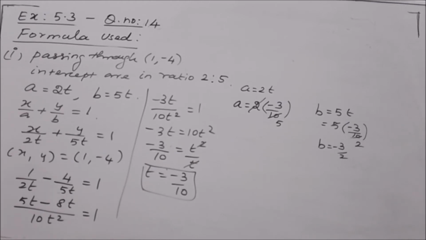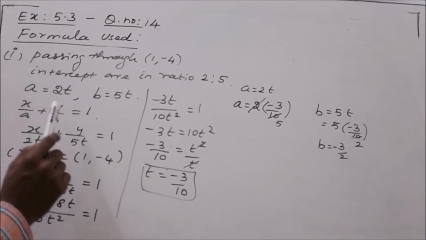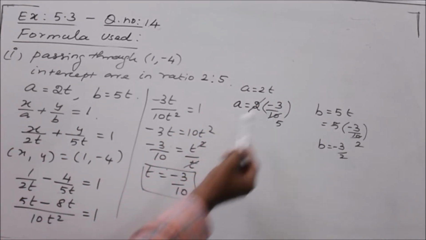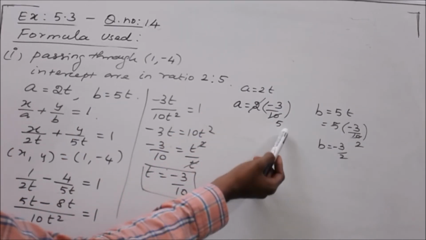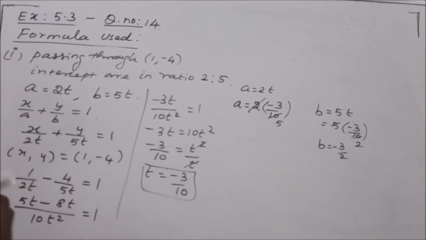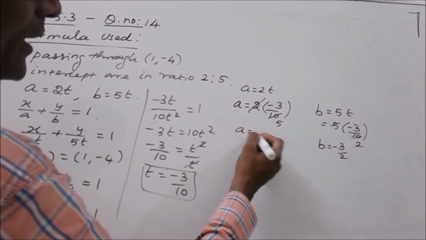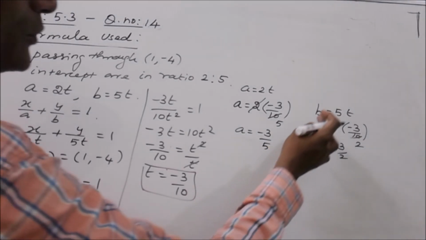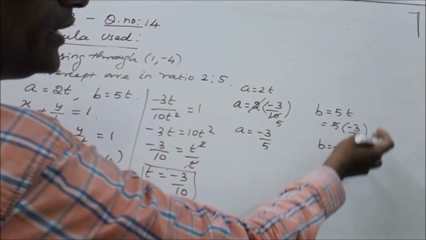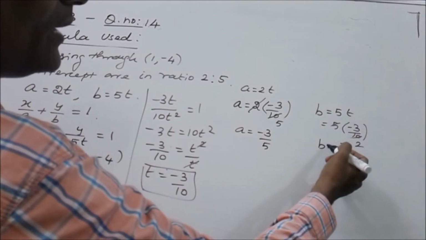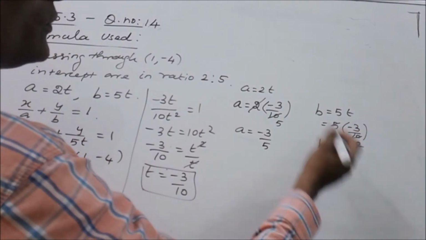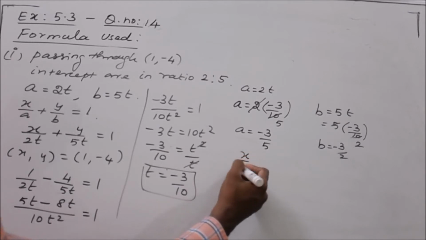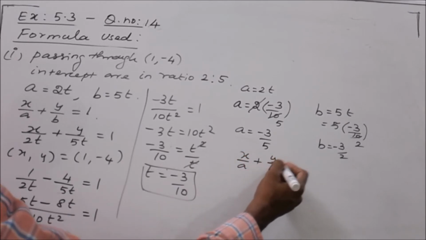Now substitute the value of t in a and b. a equal to 2t, so 2 into minus 3 by 10, cancelling, minus 3 by 5. So the x-intercept a equals minus 3 by 5, and substituting in b equal to 5t, 5 into minus 3 by 10, cancelling, minus 3 by 2, so b equal to minus 3 by 2. Therefore the equation is x by a plus y by b equal to 1.